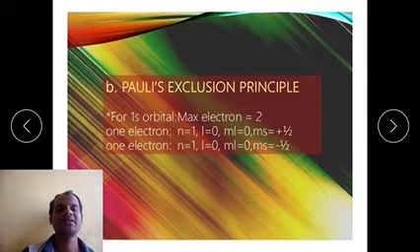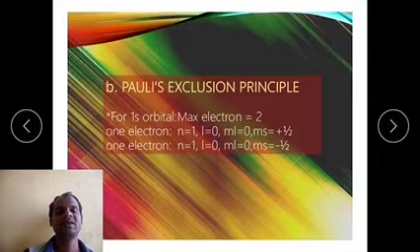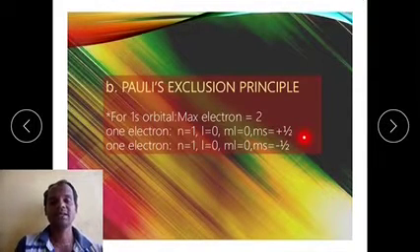The m value can be calculated from 2l plus 1; since l is 0, m is 0, and its spin quantum number is plus half.